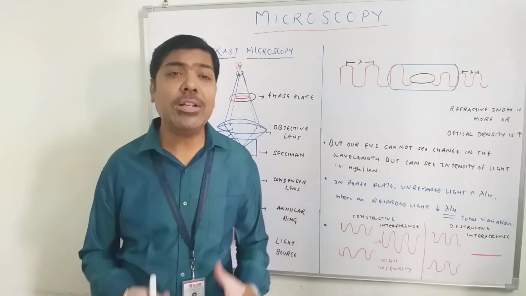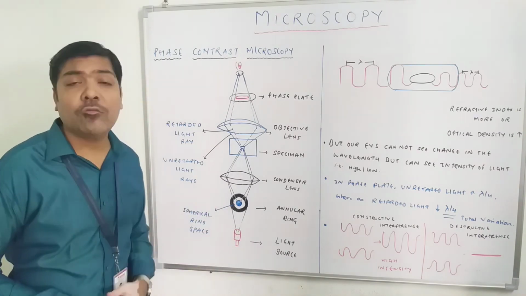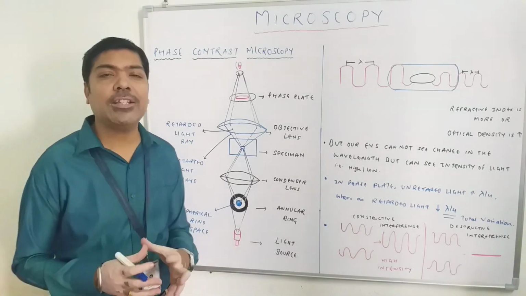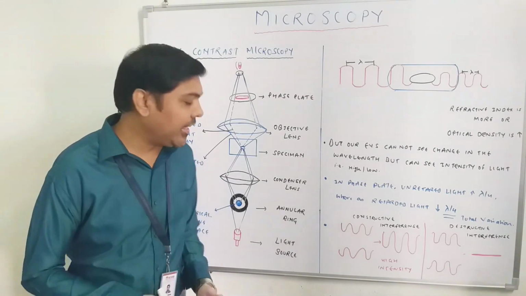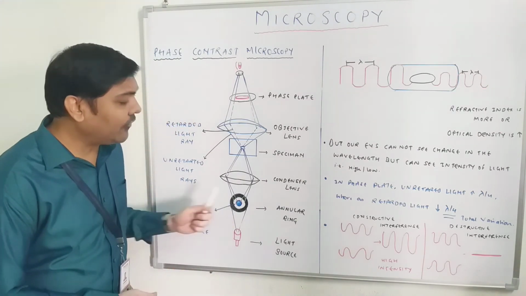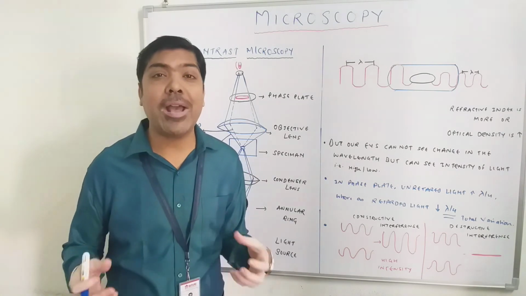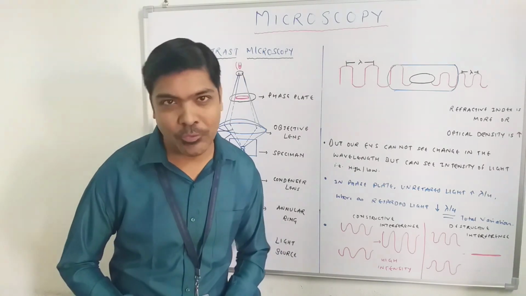Once the light is generated, it will be focused towards the annular ring. Now the annular ring, as you can see in this diagram, has some structural components, and some solid structures in this annular ring will interfere with the passage of the light.